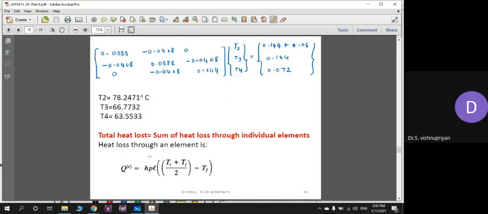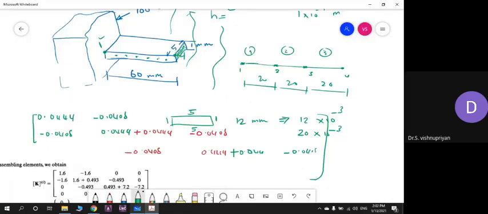So this is the equation we'll be using to find the heat transfer through any element. This Tij tells you the first and second node. For example, this is I, this is J for the first element. Then for the second element, this is I, this is J. That is 2 is I, 3 is J. Now for the third element, 3 is I, 4 is J.